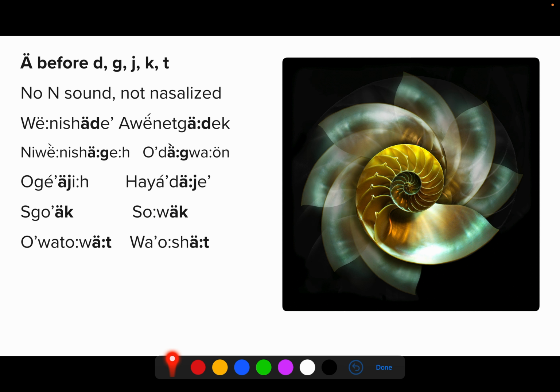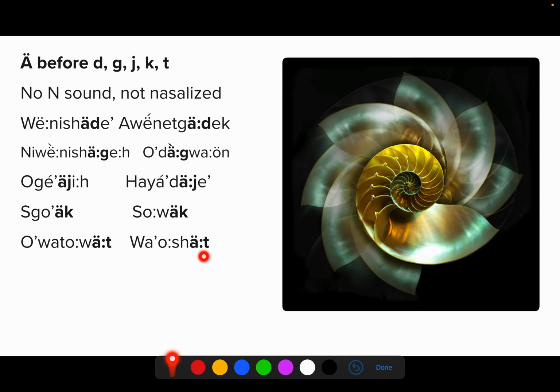Hayat daji, he's along or he's with them, he's included. Skoek is a frog. Soek is a duck. O watowed, it got cold.